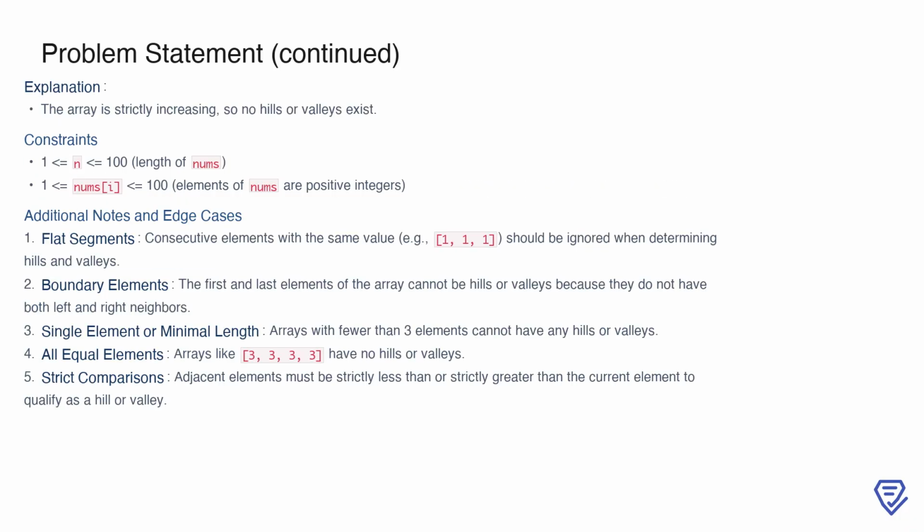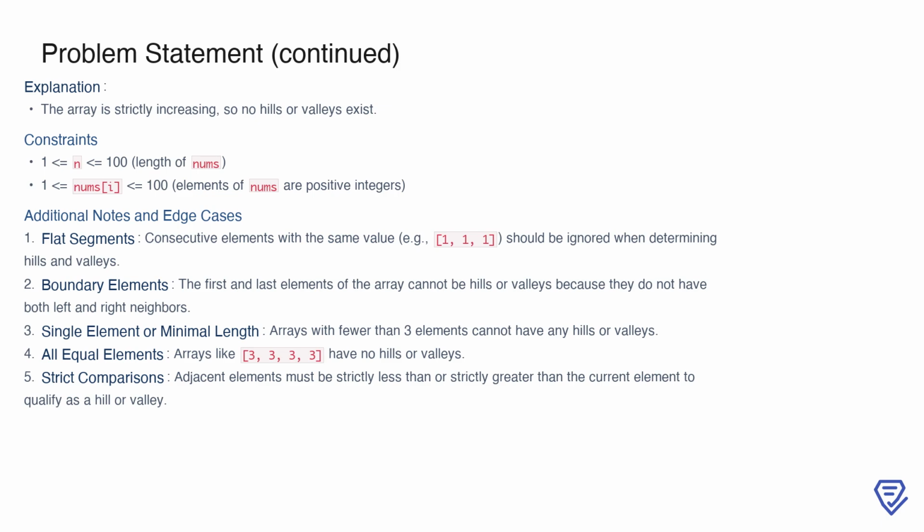Finally, let's look at another example where the array is strictly increasing, such as nums equals [1, 2, 3, 4, 5]. Here, the output is also 0 because no hills or valleys exist in a strictly increasing sequence. A hill requires the current value to be greater than both its neighbors, and a valley requires it to be less than both its neighbors.